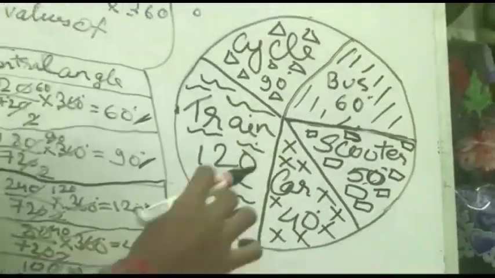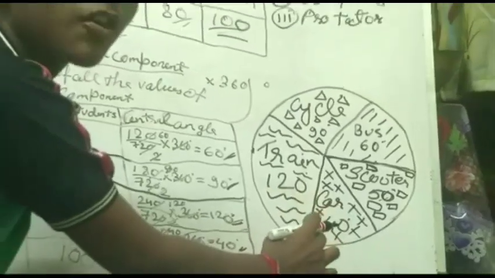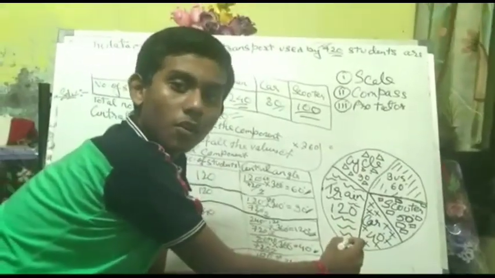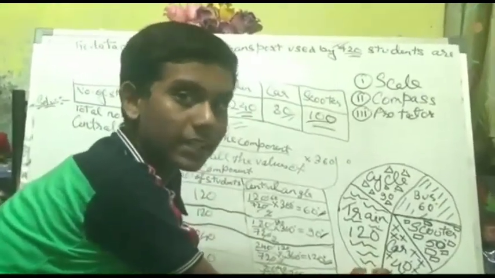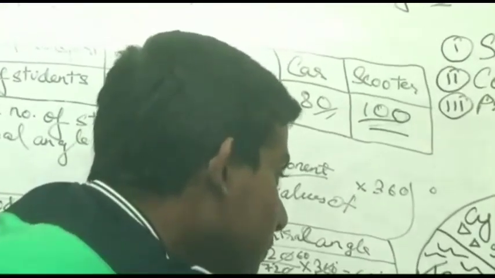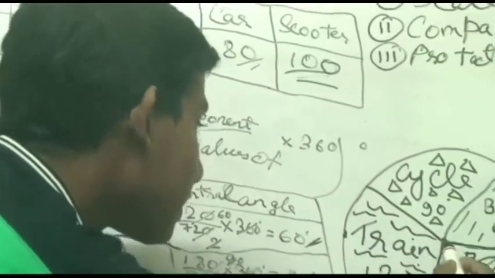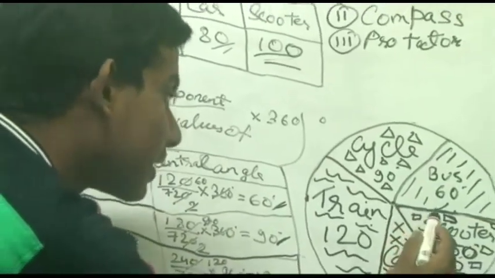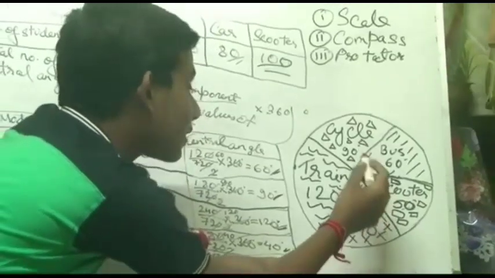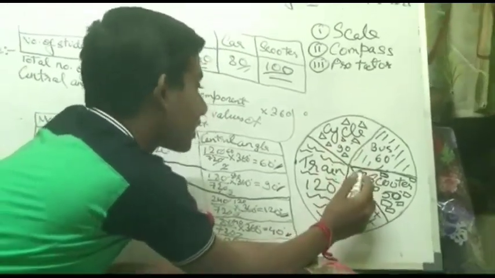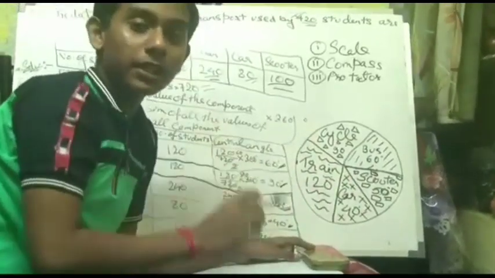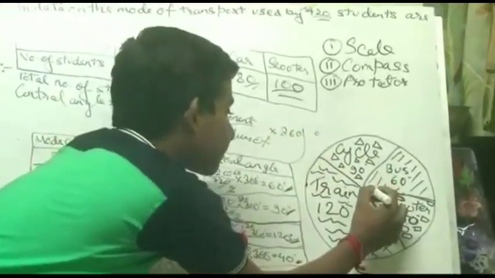So this is the main part of this chapter. First we have to draw one circle of any radius and place the scale on this middle point and draw one radius. Then after drawing this circle, we have to place the protractor on this line.